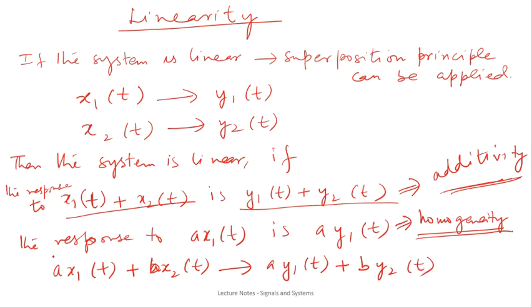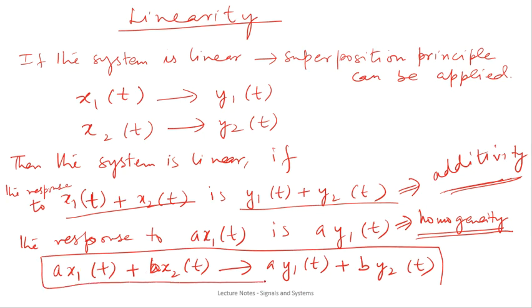This is for a continuous time system, where a and b are some constants. For a particular system to be linear, this condition has to be followed, which is nothing but the principle of superposition.